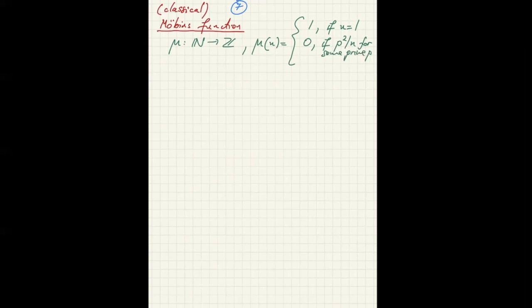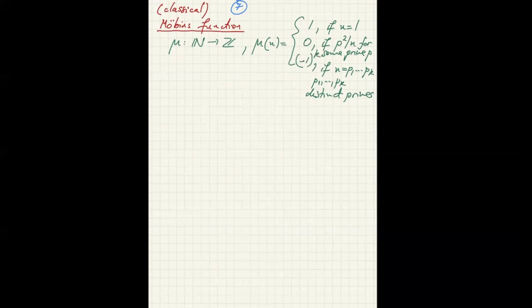So whenever a square of a prime divides n, the value of the Mobius function is 0. So that leaves the question, what are the leftover numbers? Those are products of distinct primes. So if n equals p1 through pk, a product of distinct primes, then the Mobius function is -1 to the power k.